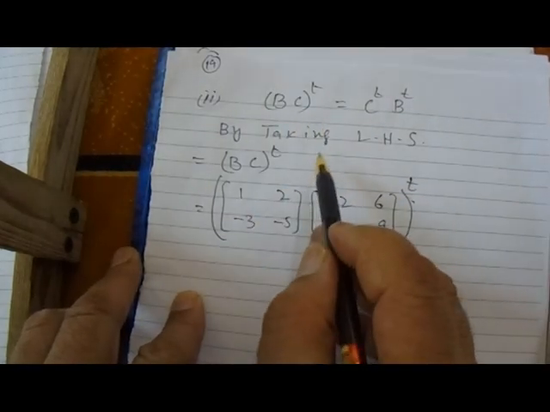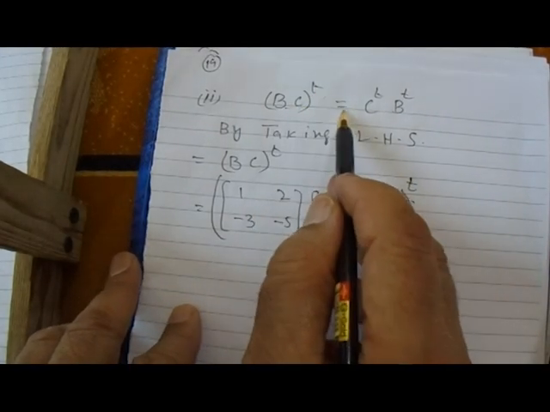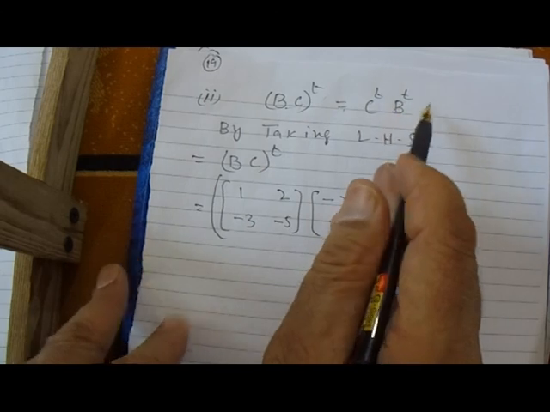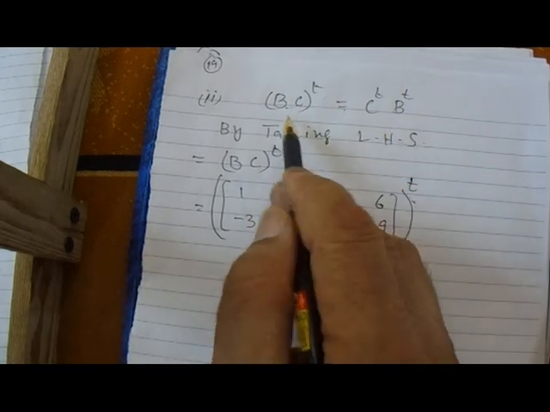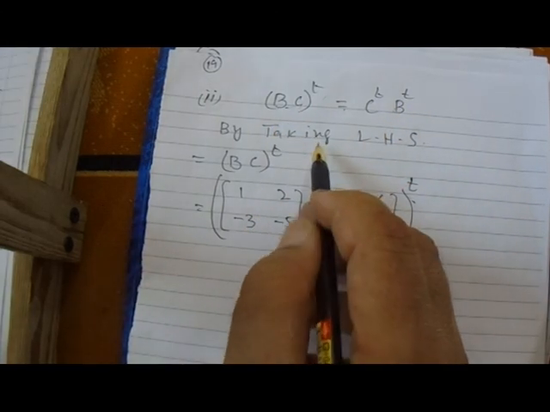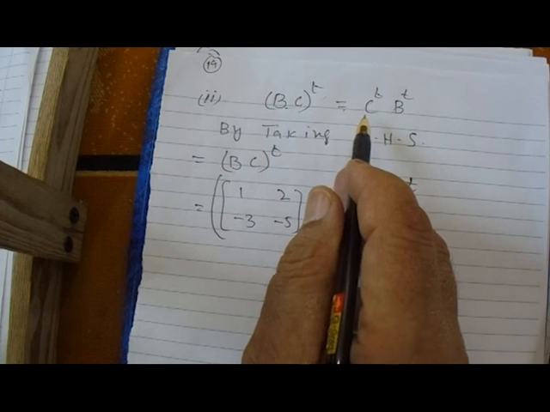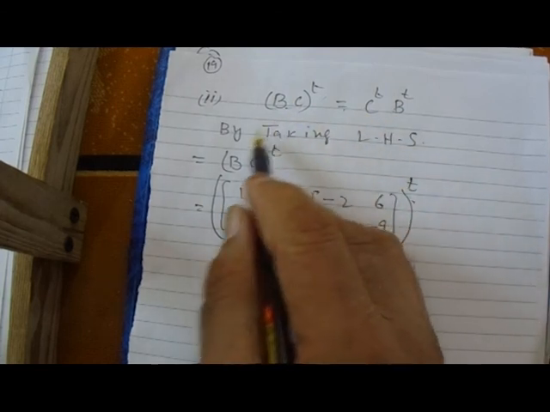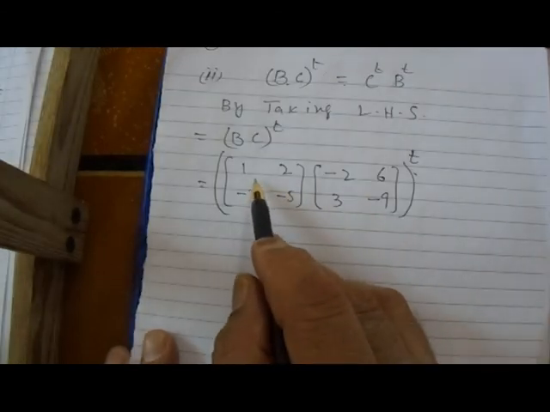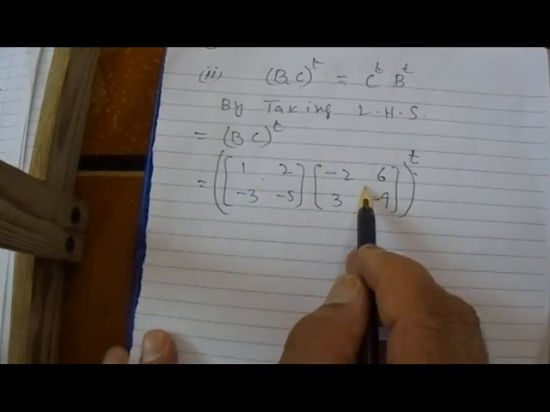Second part is (BC)^T is equal to C^T multiplied by B^T. Now first we take the left hand side, (BC)^T. First we multiply this. We have written already, this is our B matrix, this is our C matrix.